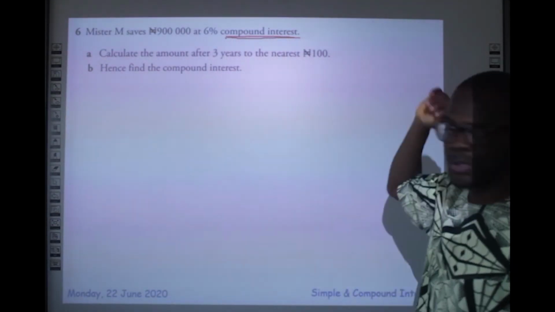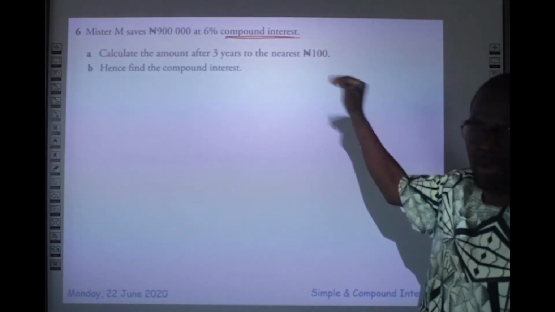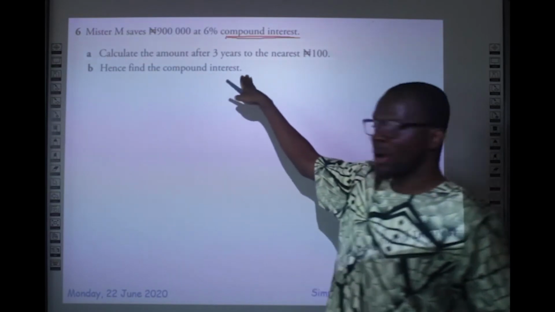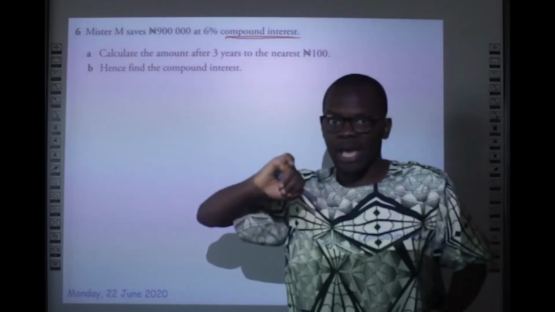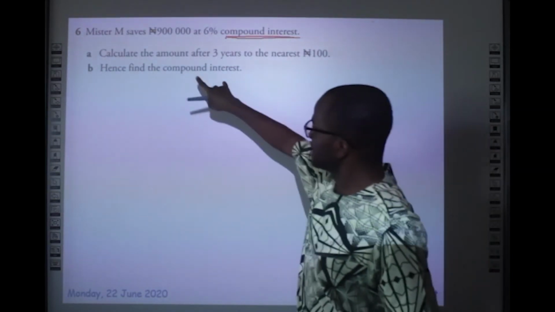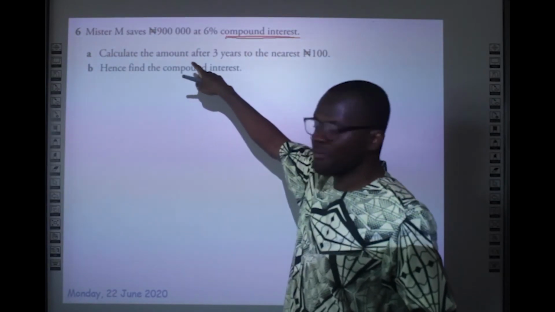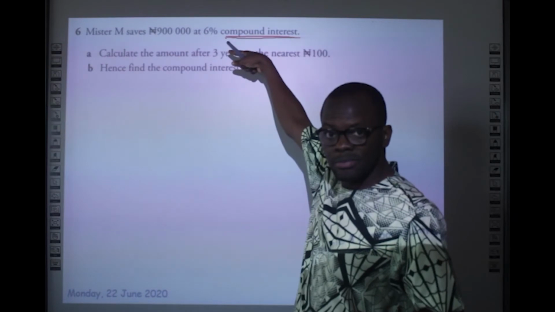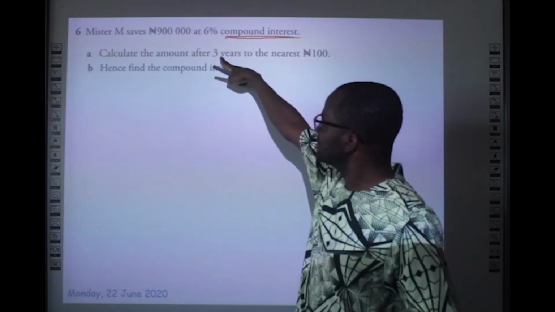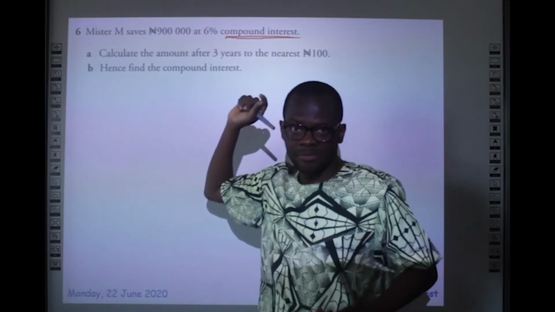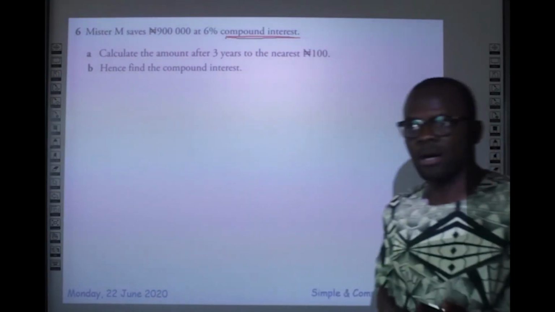And then for the B part, hence, find the compound interest. Now you've got to be careful here, because when you get your value from A, you need that value to be able to find the compound interest for B. Okay? So let's see how we go about doing that.